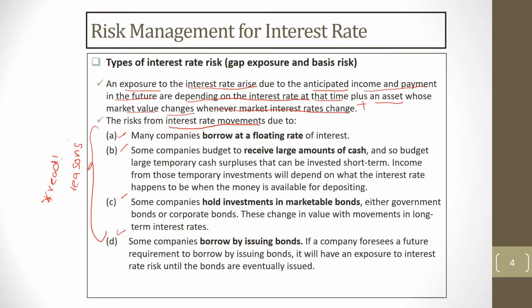For example, for A, the risk of interest rate movement is due to many companies borrowing at a floating rate of interest. That is what causes the interest rate to change. So, this is the interest rate movement reason. You can look through it by yourself, read it, and please make some notes on this.